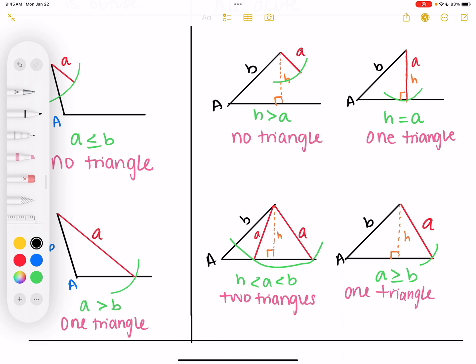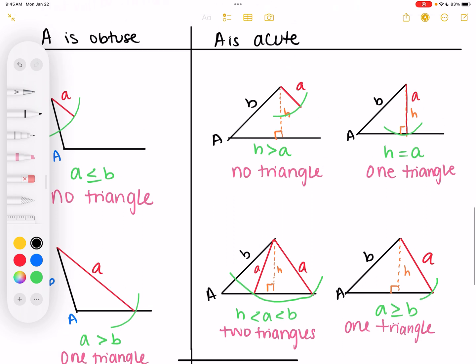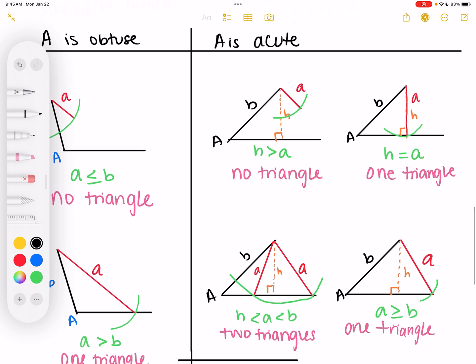All right, so I'm checking which situation I have, if I have side-side-angle. The first thing I check is whether the given angle is obtuse or acute. If it's obtuse, great. I'm just looking at the relationship between the side that goes with the given angle compared to the other side. If it's less than or equal to, then I have no triangle. If it's greater than, I have one triangle.